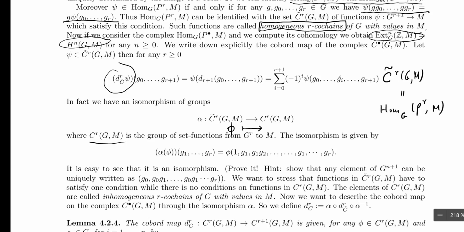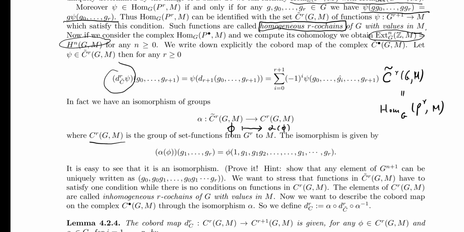C^R twiddle is the group of G-linear maps from G^(R+1) to M. And after I send it to just a set function without any restriction, from G^R to M. It's like the restriction of G-linearity compulsorily forces me to drop one component.